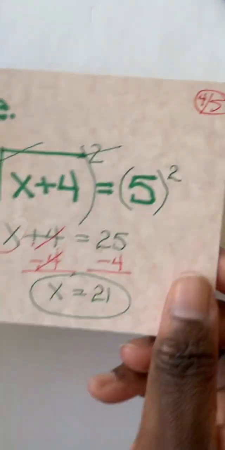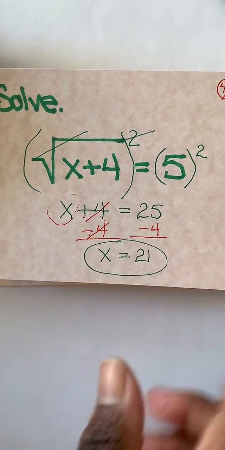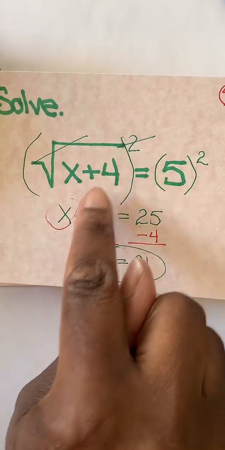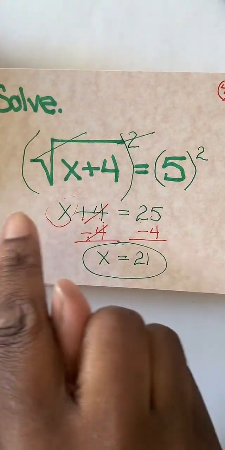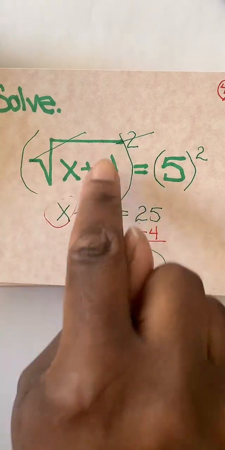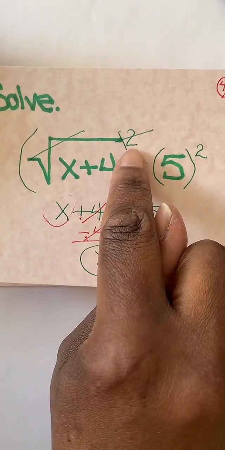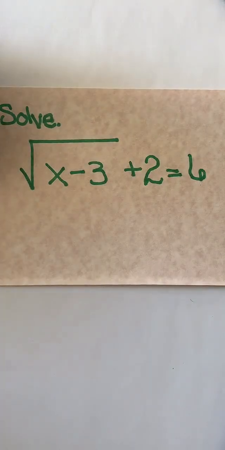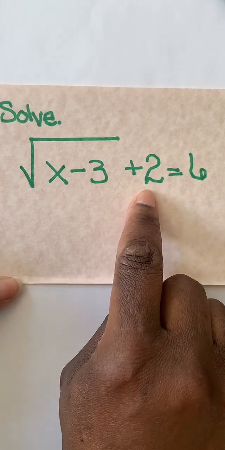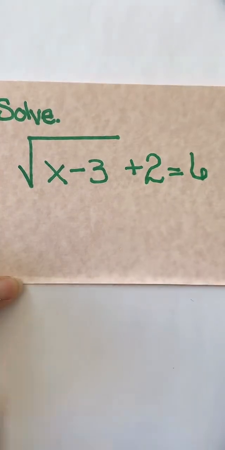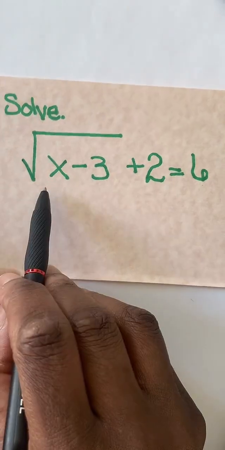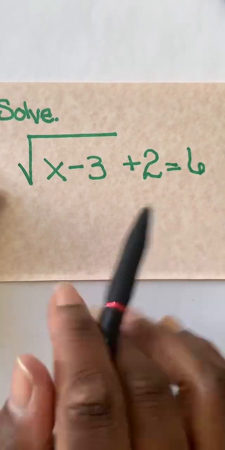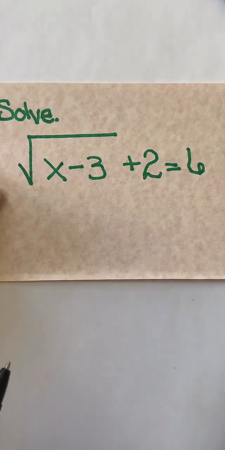Now, when we did this one, we only had the radical on one side. So immediately, once the radical was isolated, we squared both sides. Now, this time, we got this plus 2 in the way. We need to isolate this radical before we do any squaring.